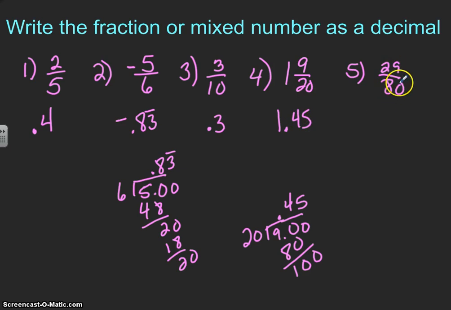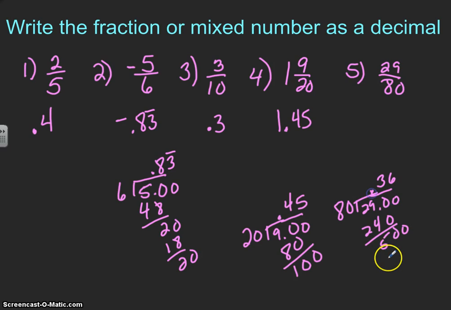Okay, 29 over 80. Again, I'm going to do 80 into 29. That doesn't go. 80 into 290. Well, 8 goes into 24 3 times. So we're going to try 3. It's going to be 240. That's going to be 50. That worked good. Bring down the 0. 8 goes into 50 6 times.